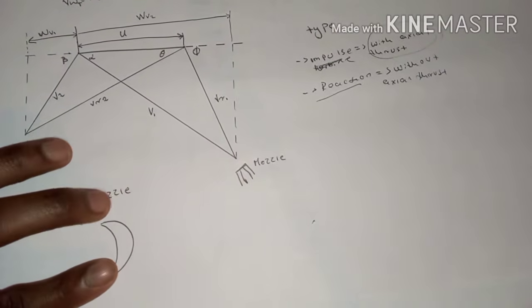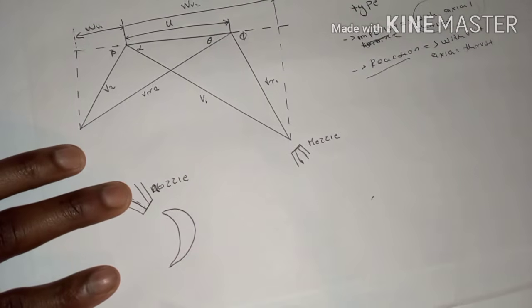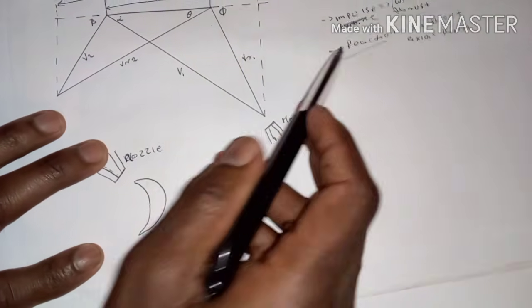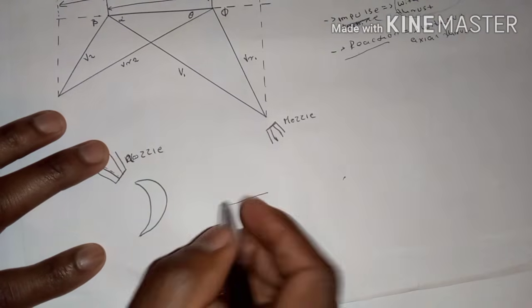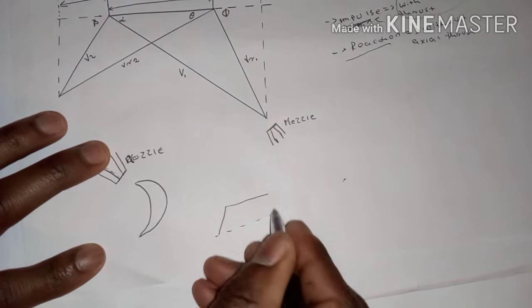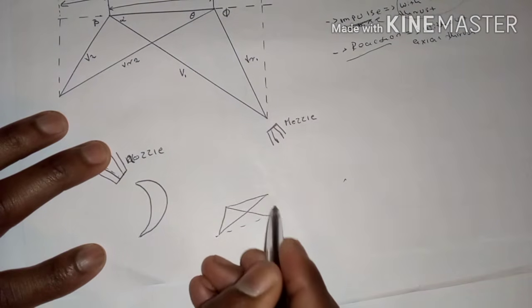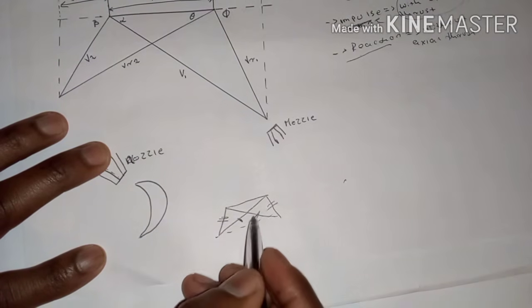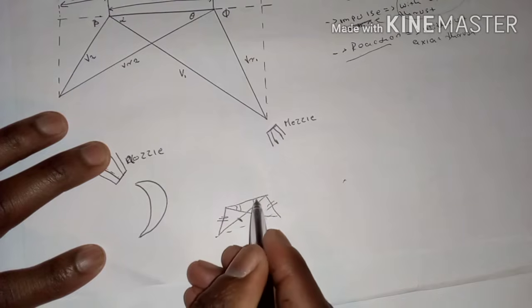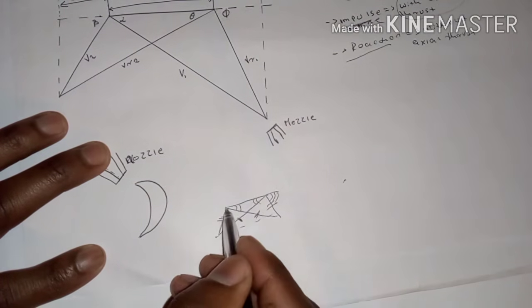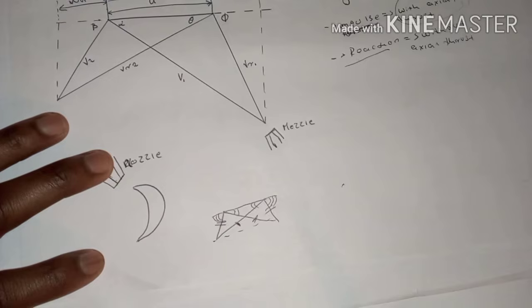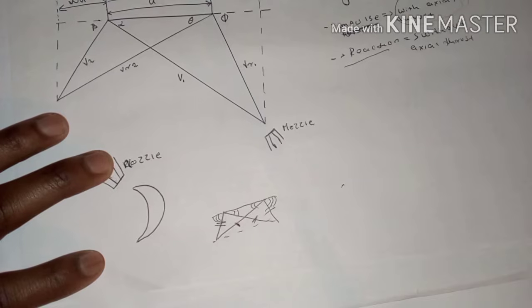Here you are going to have two identical triangles, something like this, where this will be equal to this, and these triangles will be the same.